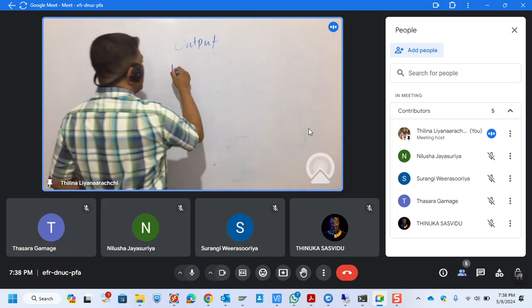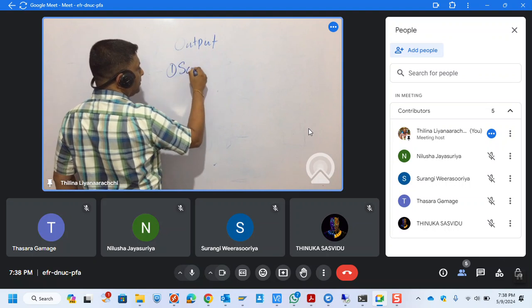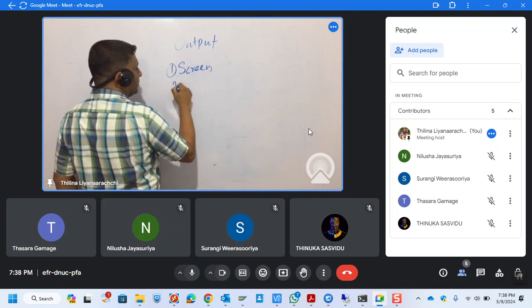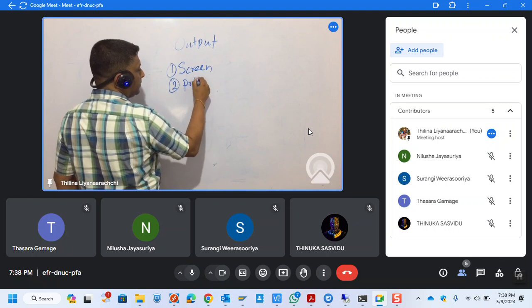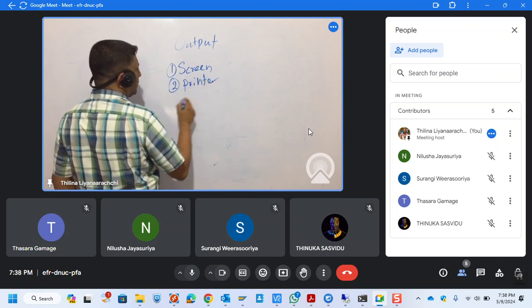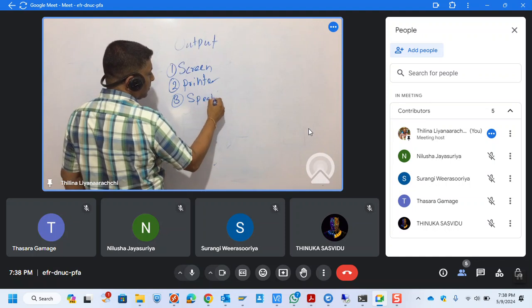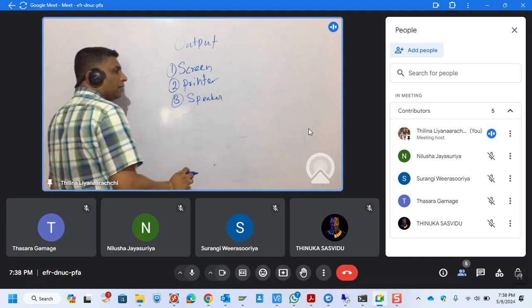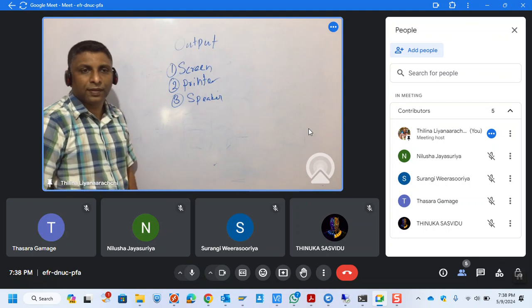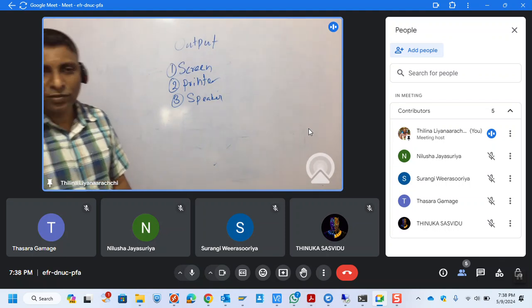First is a monitor, the computer screen. Second is the printer. And third maybe the speaker. Any other output devices you know?